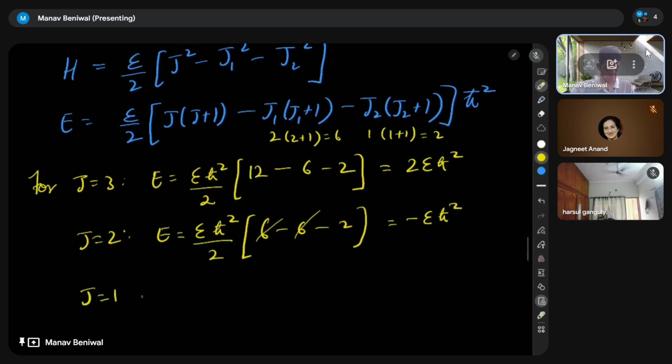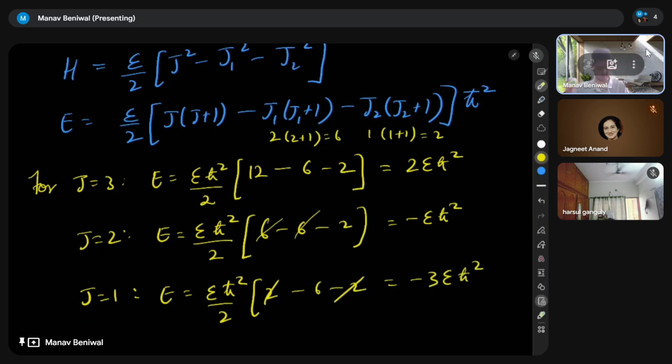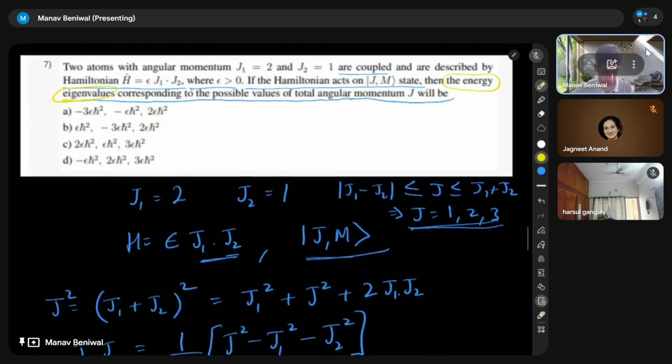And for j as 1, our energy will be 1 times 2, which is 2, minus 6 minus 2, and minus 6 by 2 is minus 3. So minus 3 epsilon h cut squared. So the energies are minus 3, minus 1 and 2. So option A.